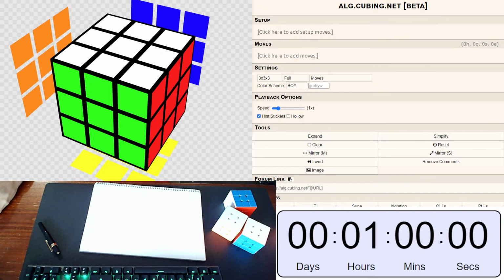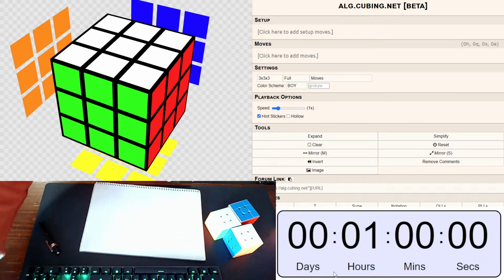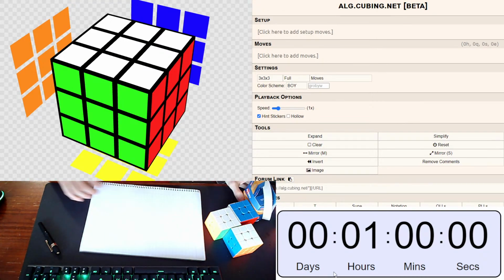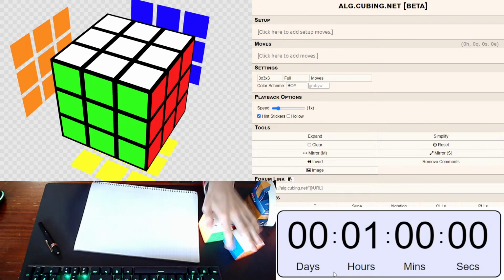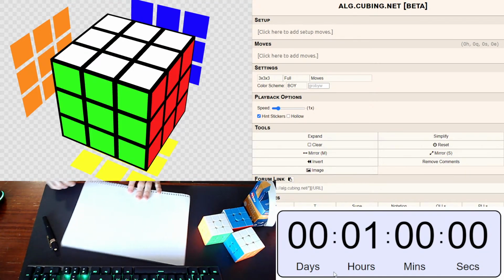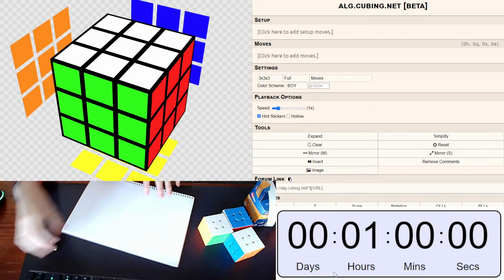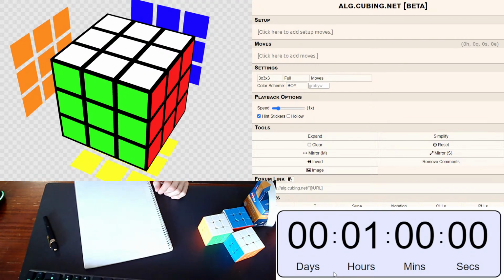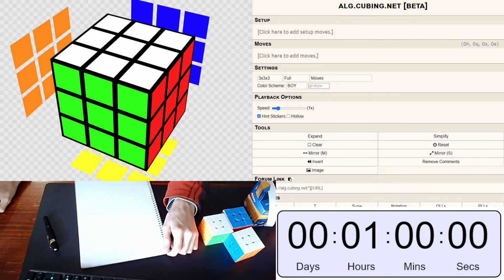So, got my insertion stickers ready, cubes, got my pen, keep my keyboard out of the way, and go. Not quite. Now go.